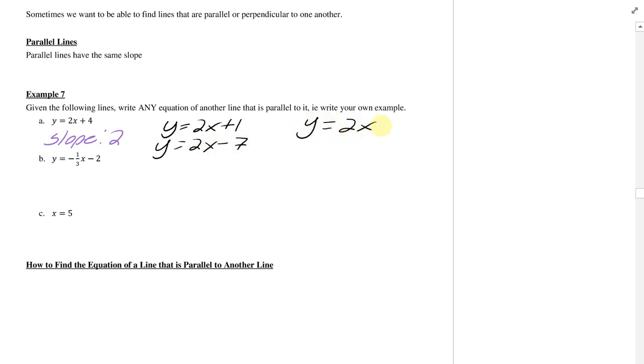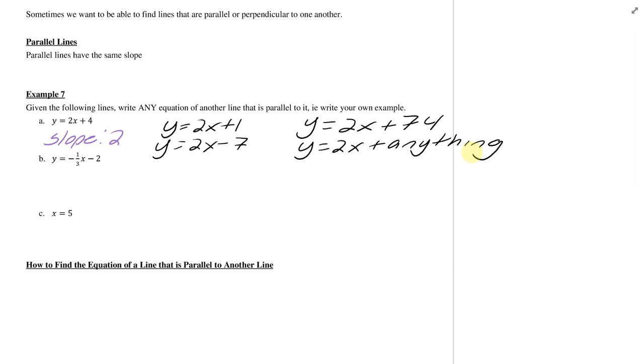Y equals 2x plus 74. So really, as long as you have the slope of 2, no matter what you do, the line is going to be parallel. All you need is that same slope. So as long as you have something like y equals 2x plus anything you want, you are going to have a parallel line to 2x plus 4.